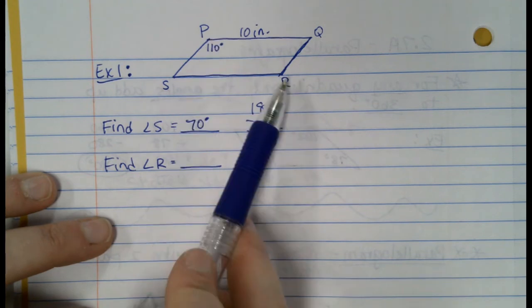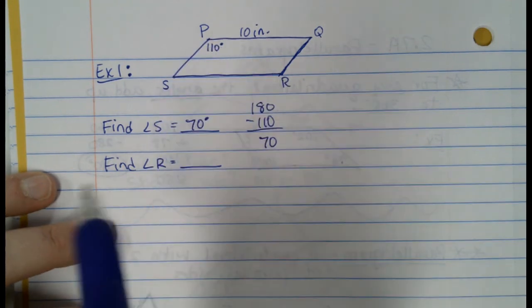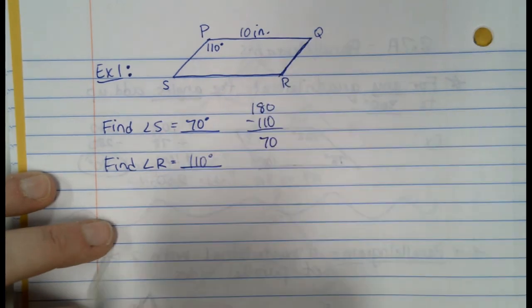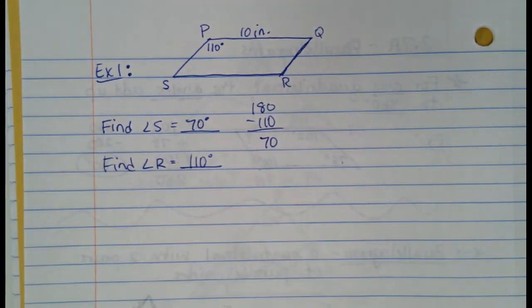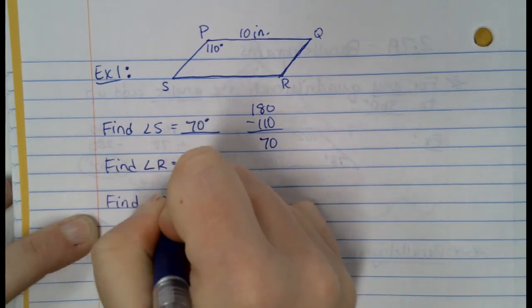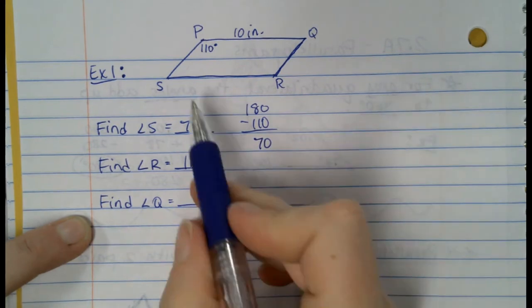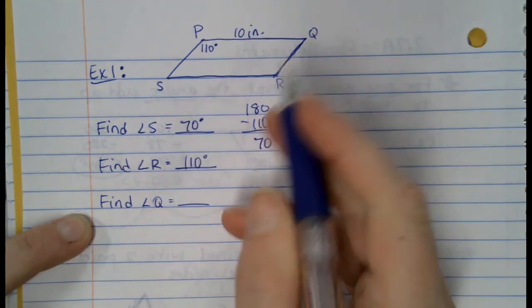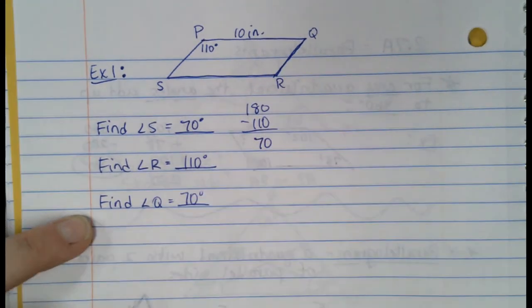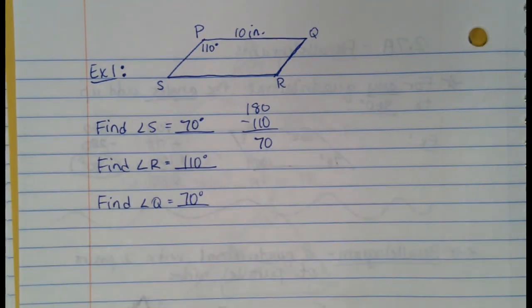P and R are right opposite from each other. They're equal. So if this one's 110, so is angle R. What if I wanted to find angle Q? Then it's 70, because if angle S is 70, the one opposite from it is. So now if I just have one angle in a parallelogram, you can actually find all of them.